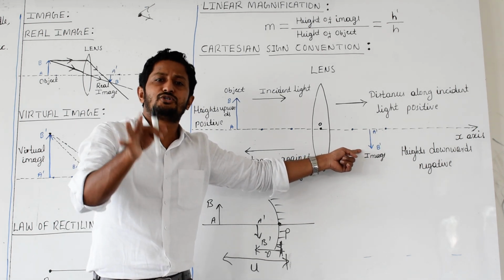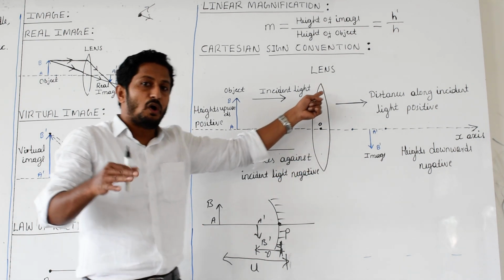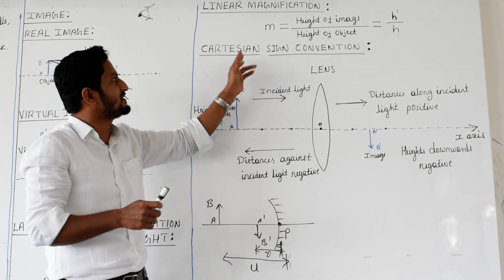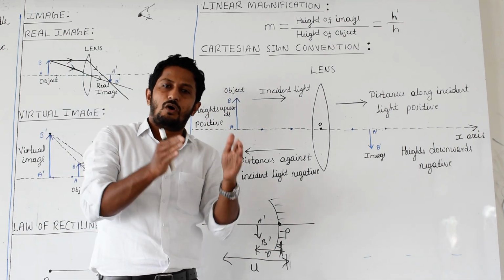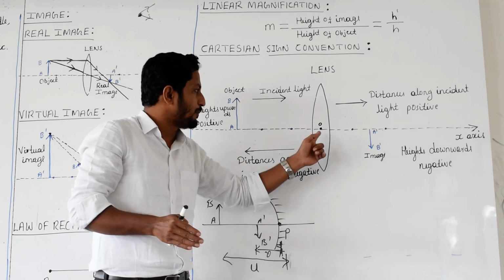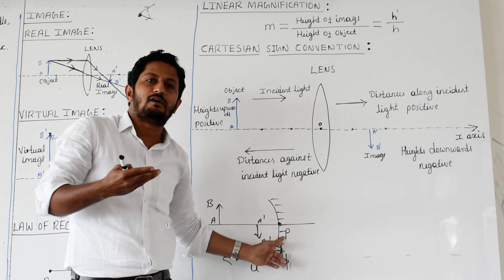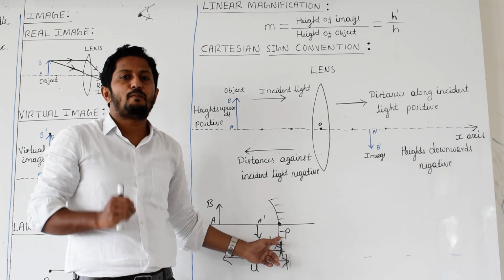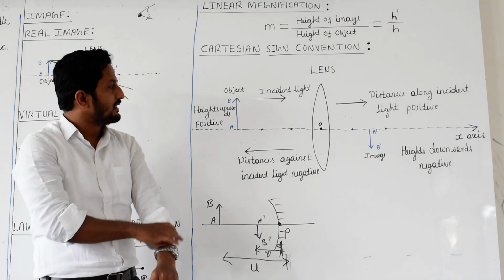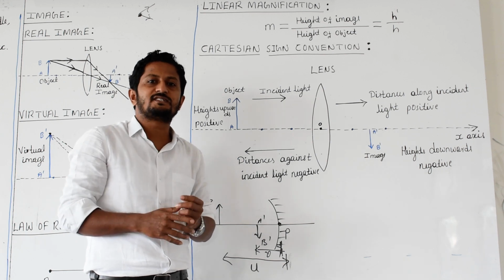Always measurement should be from the optical center of the lens or the pole point of the mirror. That first Cartesian sign convention is that all distances should be measured from the optical center of the lens or the pole point of the mirror. Not only object distance, some other things will come.